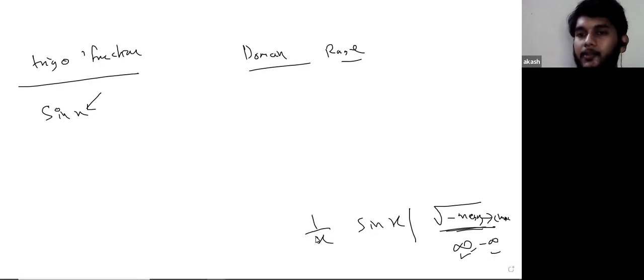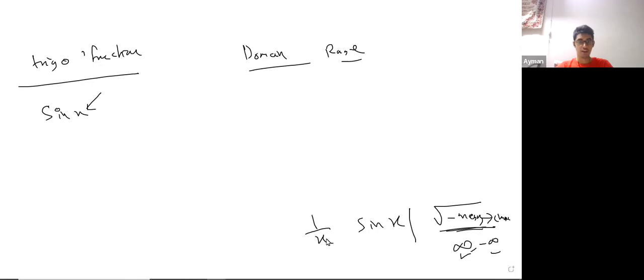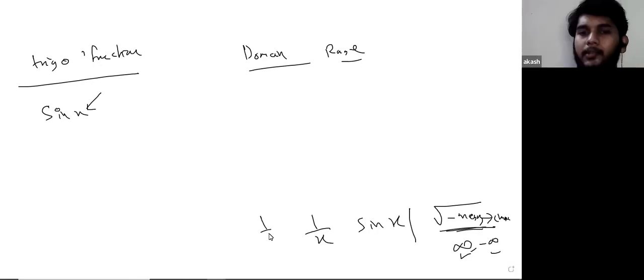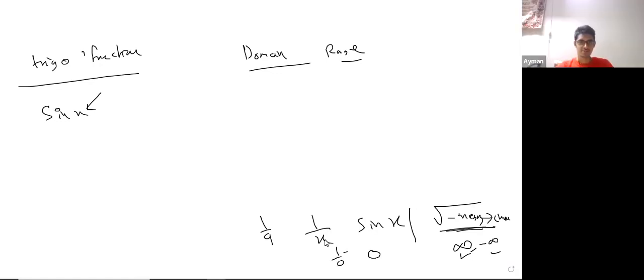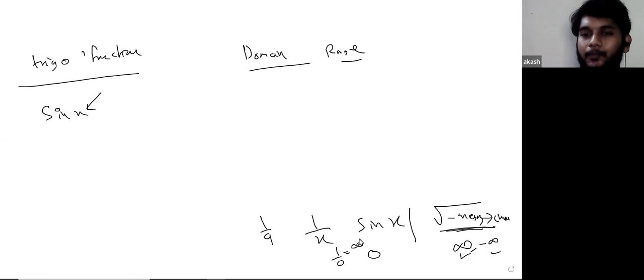Like if I give you 1 upon x, can you think of any value of x which you put here that will give us trouble? 9. 1 upon 9 is good, right? No trouble at all. This is a real number. Think about 0. 1 upon 0 is infinite. So we can never get 0 in the denominator.